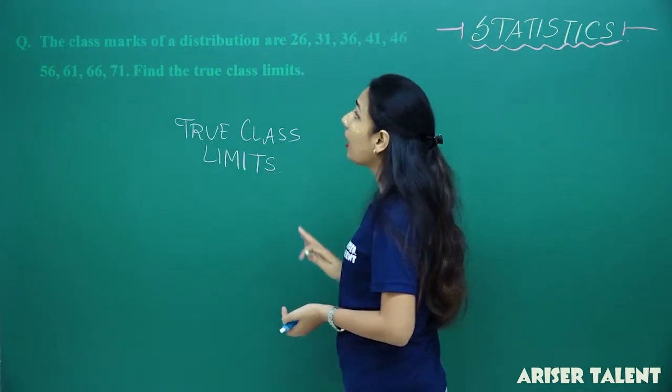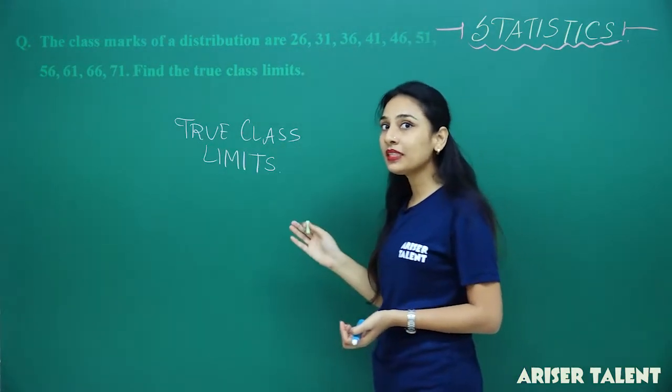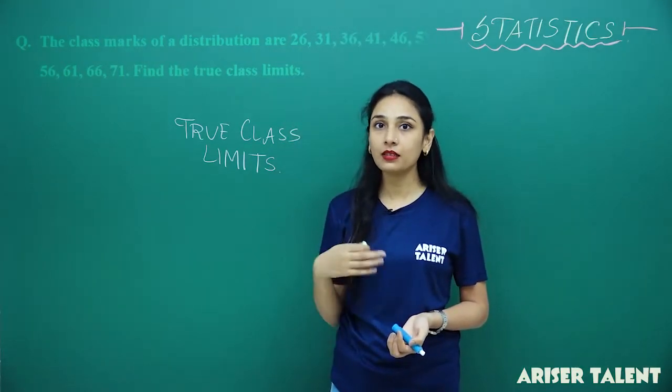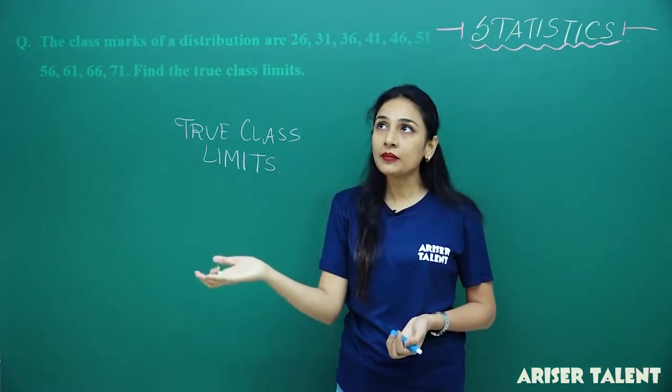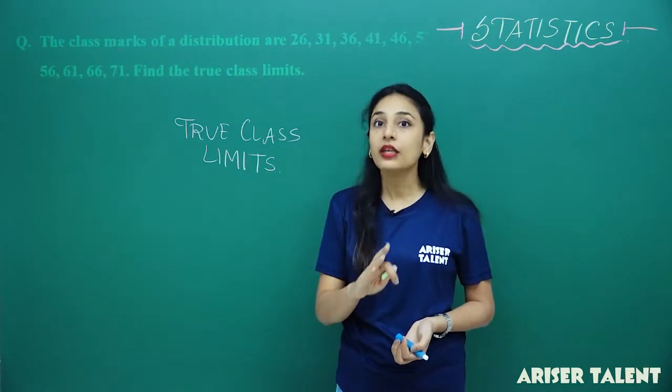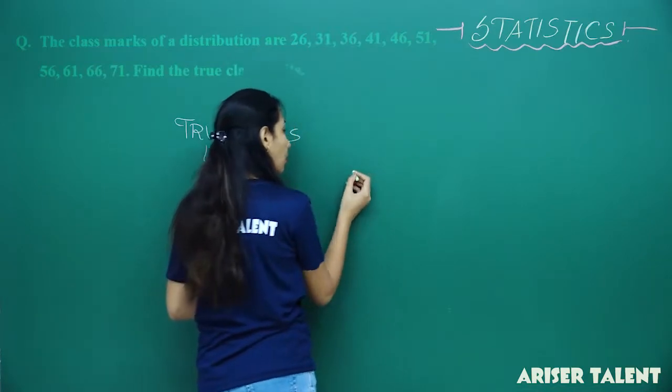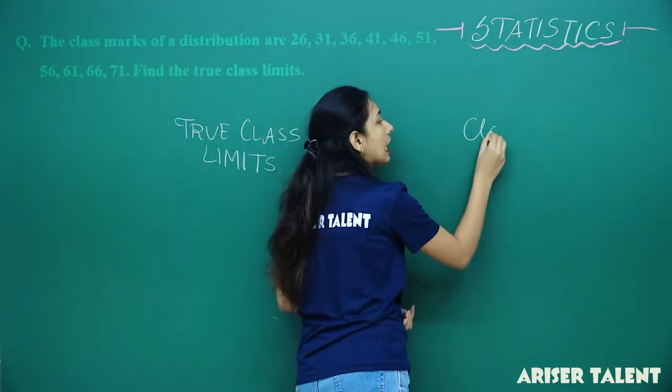The class marks. Okay, so class marks are given. Now the class mark doesn't mean marks in the sense that you are getting 19 marks or 20 marks. Not that. We have learned the formula of class mark.